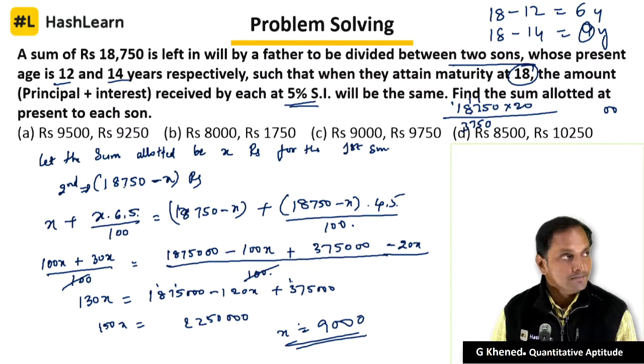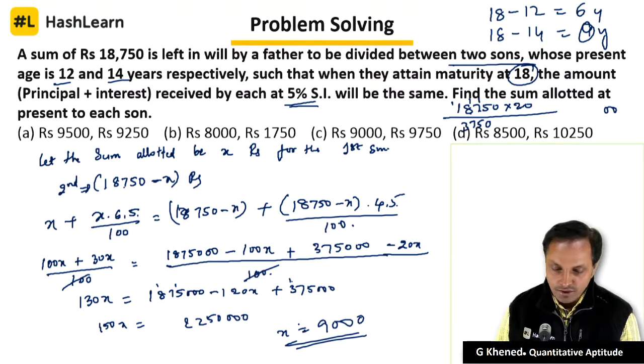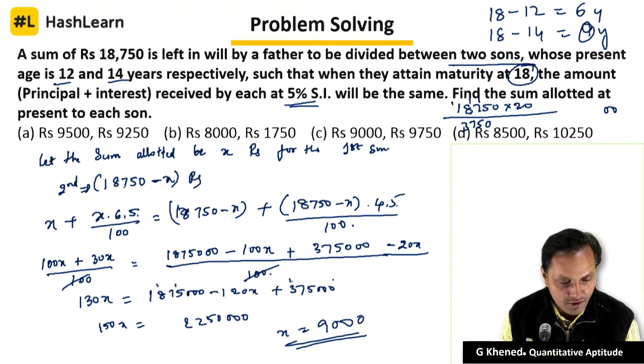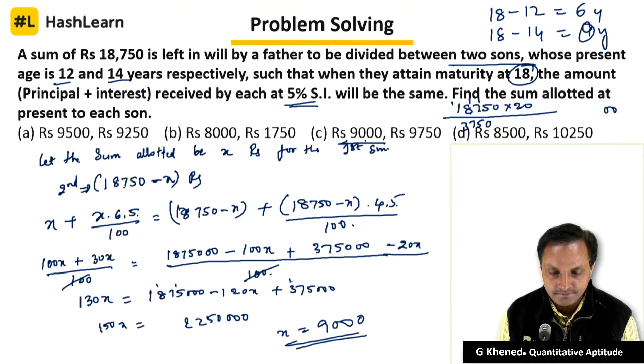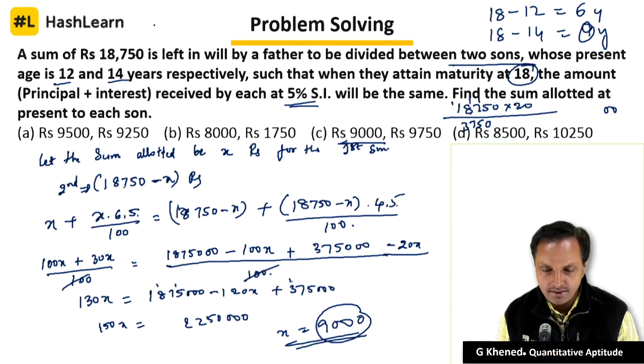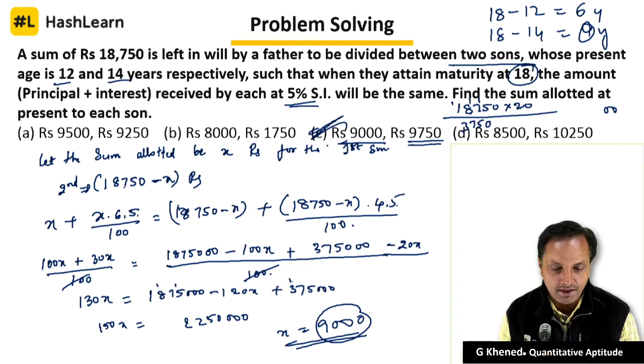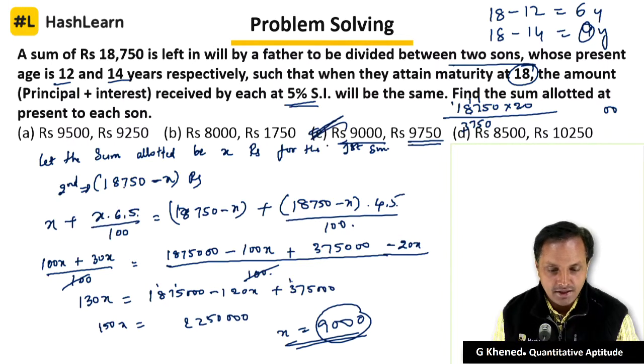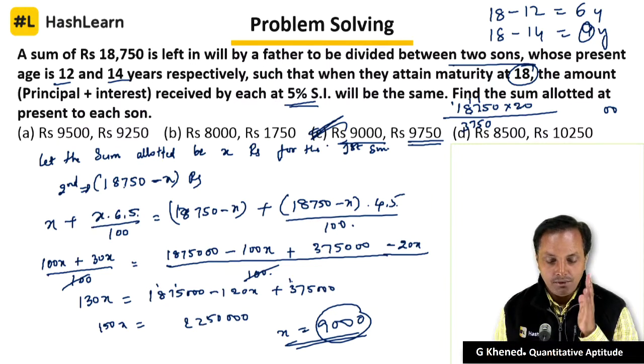So x is 9000, and you have 9000 in the options here, and 18750 minus 9000 will be your option C. So that is your answer, option C. If you want the second part, just subtract it from 18750, you will get it.